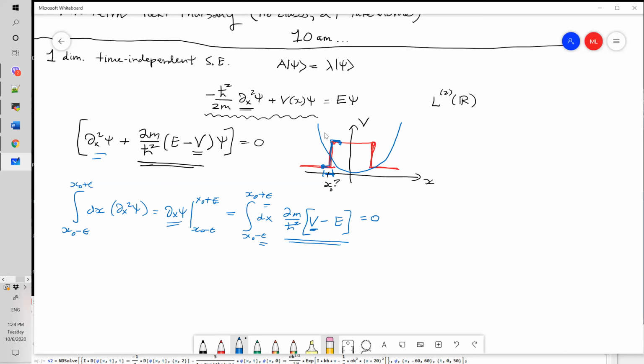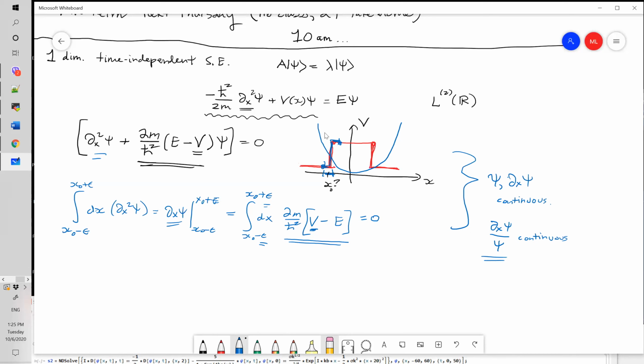Because if you think about the area under this curve, it will vanish, as long as V doesn't shoot off to infinity or something like that. So for solutions to the Schrodinger equation, both psi and the first derivative of psi with respect to x have to be continuous. They can't jump. And oftentimes, since both of those have to be continuous, the following quantity is also continuous: the derivative divided by the function itself.